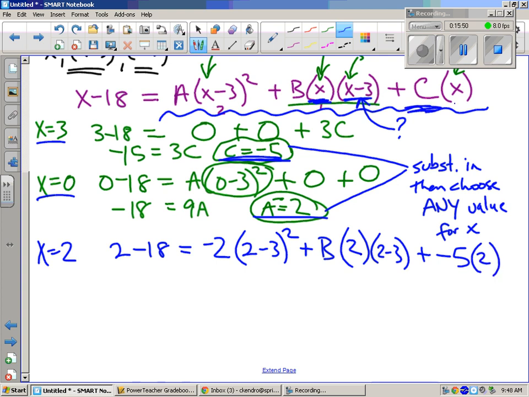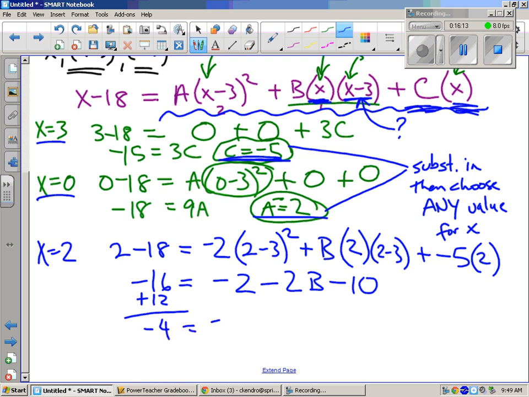So that gave me that and that. All right, let's work this out. I get negative 16 equals negative 2. If I work all that out, I get negative 2 minus 2b and minus 10. Now let's move the 10 and the 2 to the other side, so I'm going to add 12. So I get negative 4 equals negative 2b, so b equals 2.